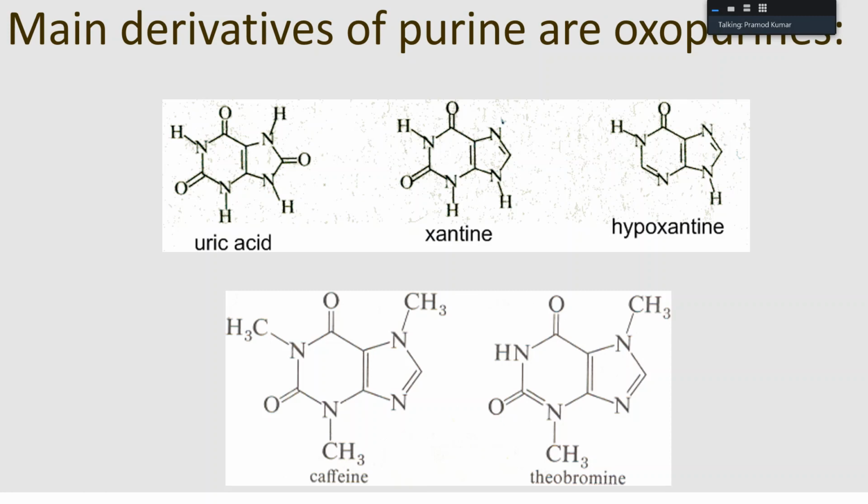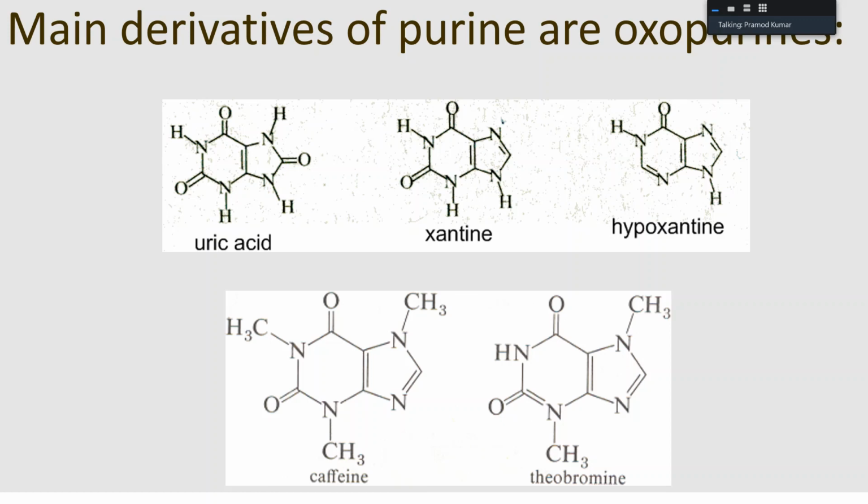Xanthine, 2 only in your pyrimidine ring. Xanthine contains 2 carbonyl groups in the pyrimidine ring, and hypoxanthine only one carbonyl group. Okay, next to your nitrogen one. Caffeine is similar to your xanthine. Only difference is the nitrogens are methylated.